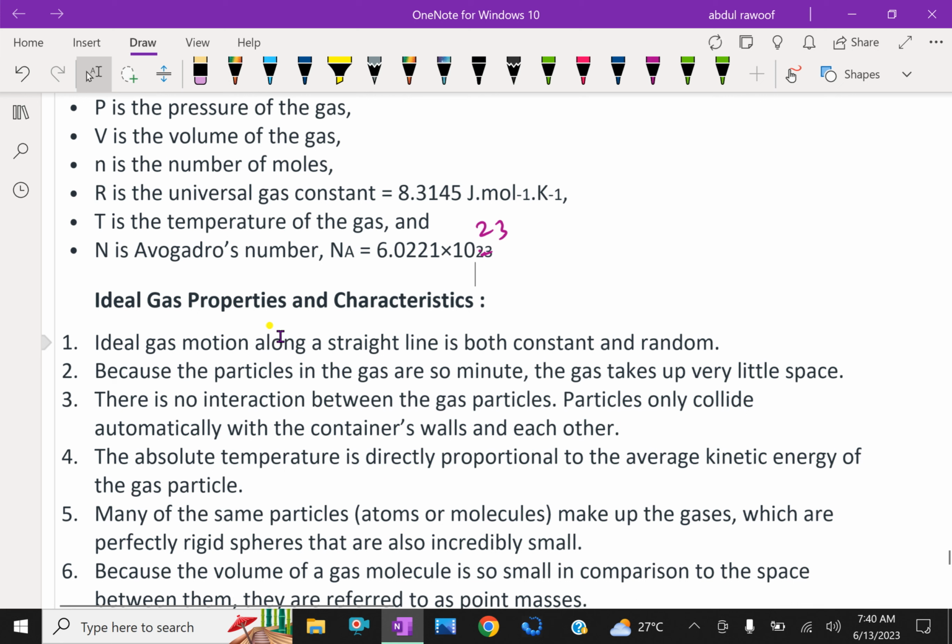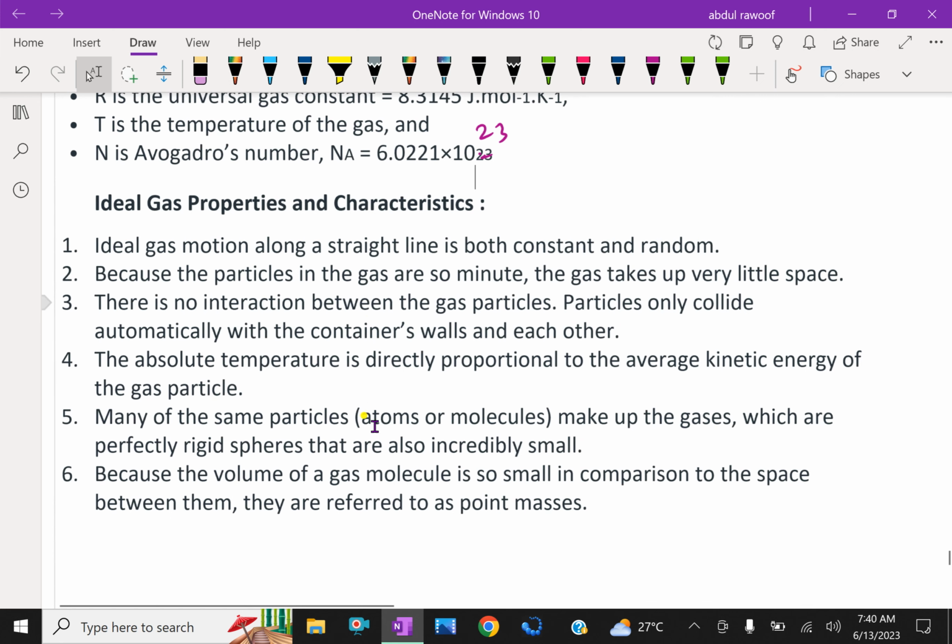Now ideal gas properties and its characteristics. Ideal gas motion along a straight line is both constant and random.